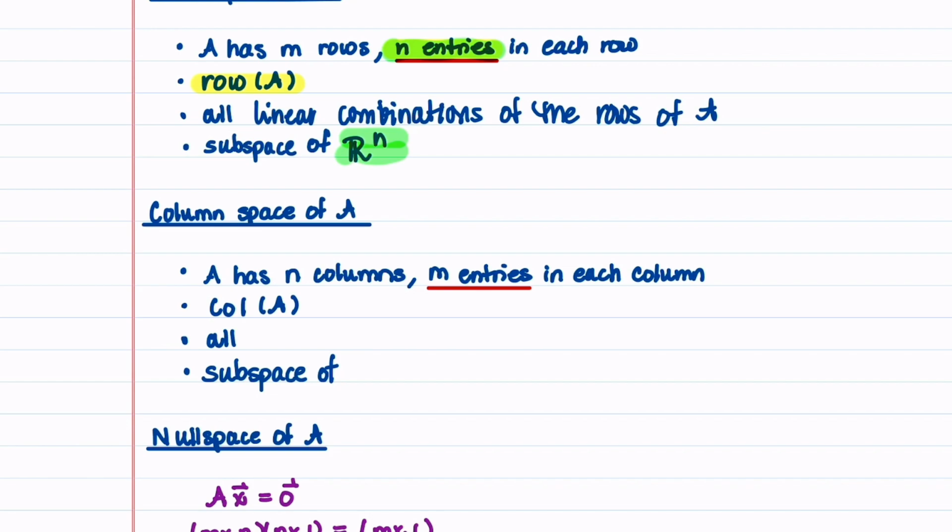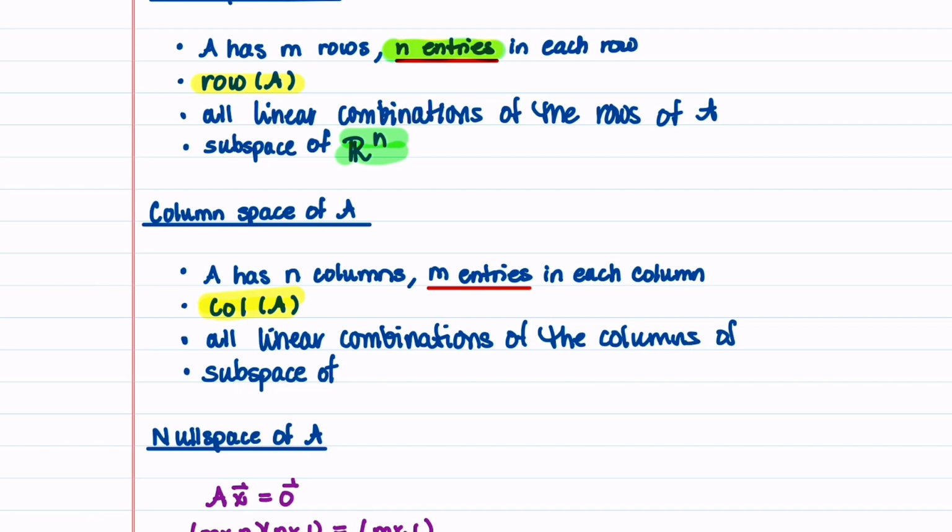We abbreviate the column space as col of A. And the column space is equal to all linear combinations of the columns of A. Our column space is a subspace of Rm, and it's spanned by the column vectors of A. Notice that these two are connected.